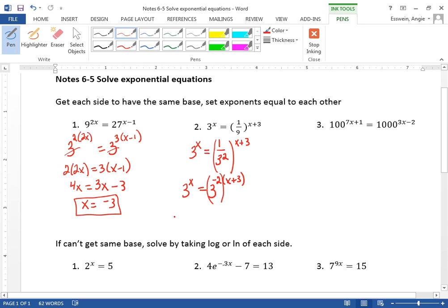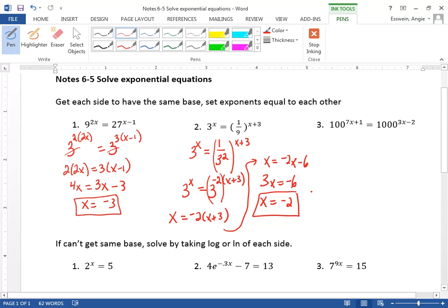And now I can just set the exponents equal. So I have x equals -2 times x plus 3. And now we're good to go. Now we're back to like unit 1 in algebra 1. We use the distributive property, add 2x to each side, divide by 3. And that's solved.